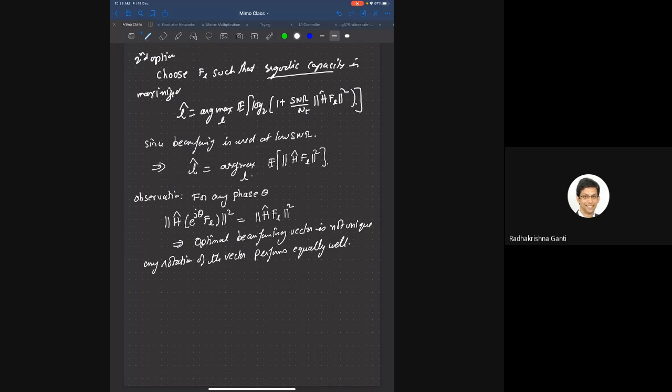Okay. So essentially, we have two constraints. One is the norm constraint, and the other is called the phase invariance. This is what is called phase invariance.